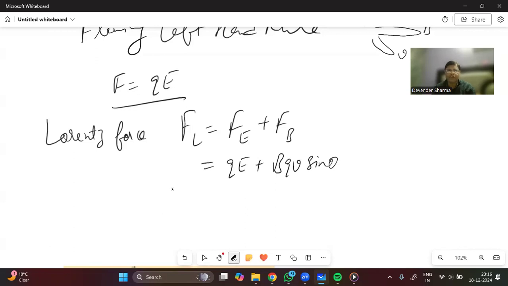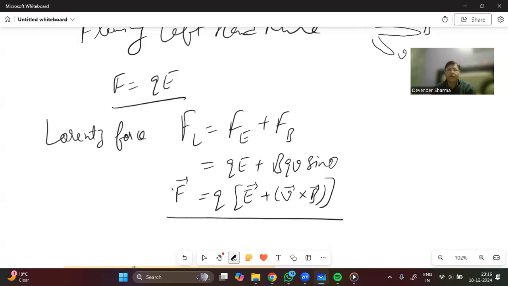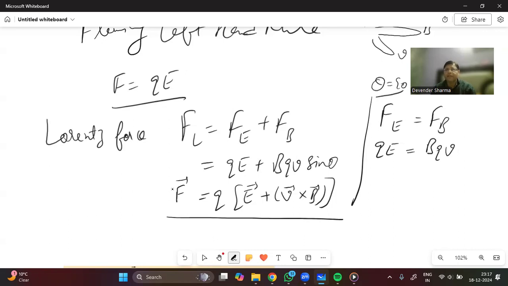I'll give you one more important thing here. If we take Q common and write it in vector form, it is Q times E plus V cross B. This is the force in vector form. Now, very important: if in any situation Fe becomes equal to Fb, where Fe is QE and Fb is BQV sine theta, you can leave out sine theta because if the angle is 90°, the field is perpendicular and sine 90 is the maximum.